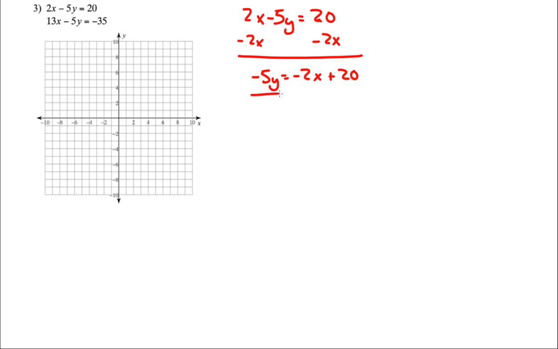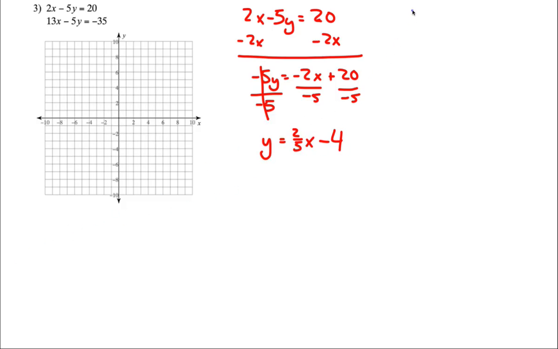So if I divide this by -5, of course if I do that to this term, I've got to do it to this term and this term as well. So the -5's cancel. So I have y equals, a negative over a negative is a positive, 2/5 x. And positive over a negative is a negative, and 20 over 5 is 4. So I've got y equals 2/5 x minus 4 for my first equation.